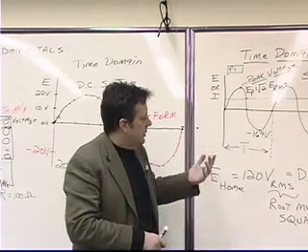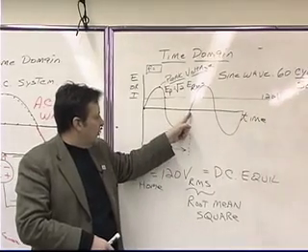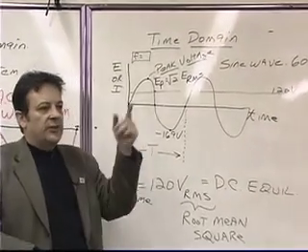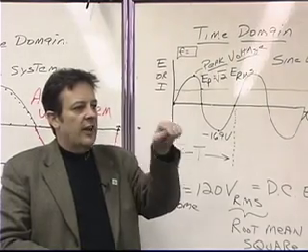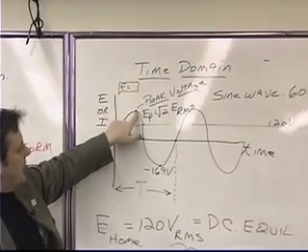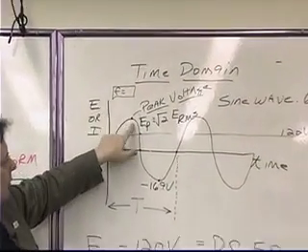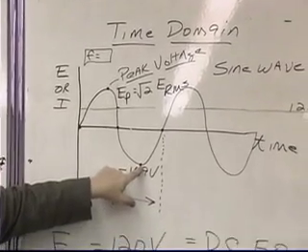Okay? And so we learned that the period is the time it takes the waveform to repeat itself. The frequency is the inverse of the period and measured in cycles per second or hertz. The highest value is the positive peak voltage. The lowest value is the negative peak voltage.